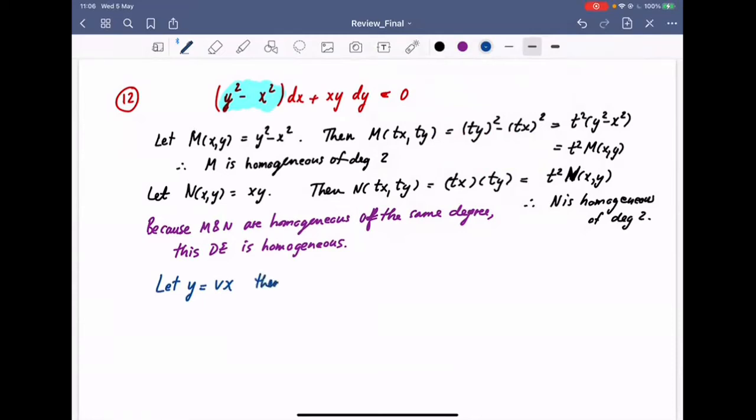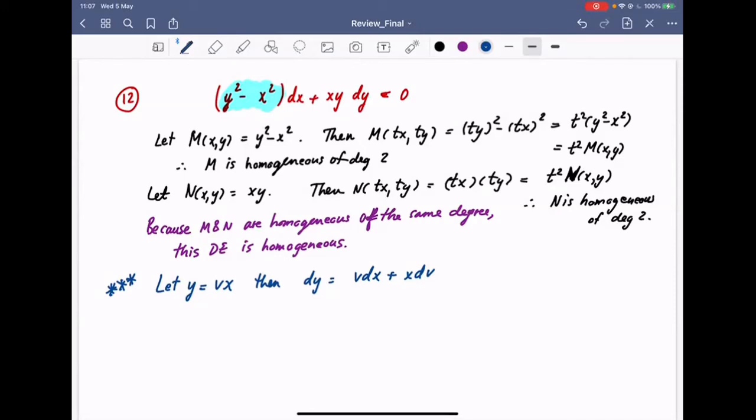Then if you differentiate y, you get v dx plus x dv. This is the important step for homogeneous differential equations, and you should memorize it or jot it down, because you have to use it on the exam as well. Then you plug in dy to the original equation, and you hope everything turns into a separable equation.